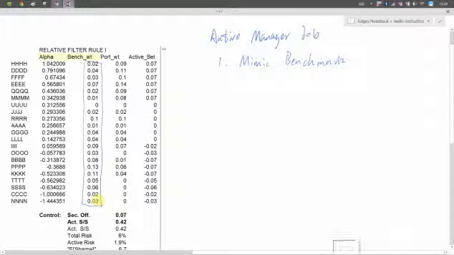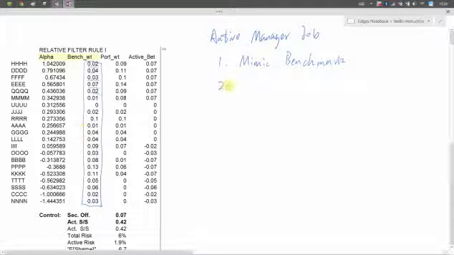So we buy exactly the same amount of bench weight, dividing our money into the corresponding weights. That part mimics the benchmark. As you know, we could actually just buy the benchmark itself.